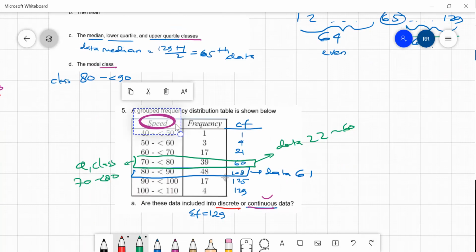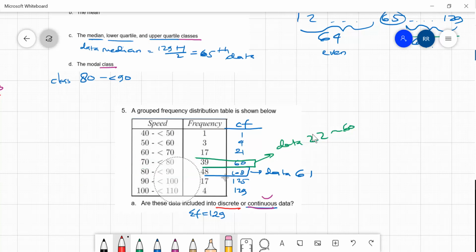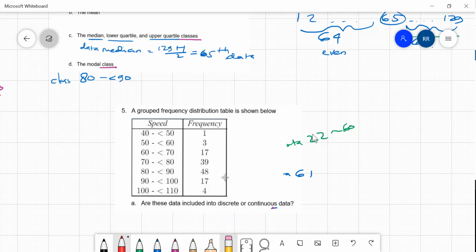Okay, so when we want to find out the mean, guys, we don't need the CF. What we need, sorry, it should be the 129. So it should be putting that.